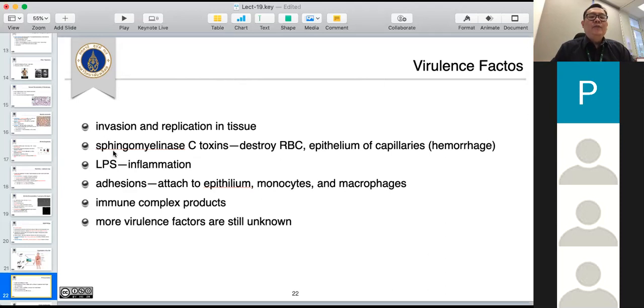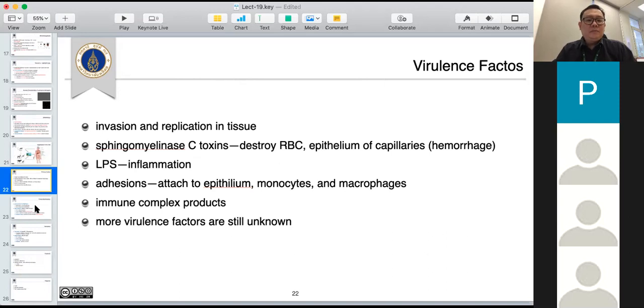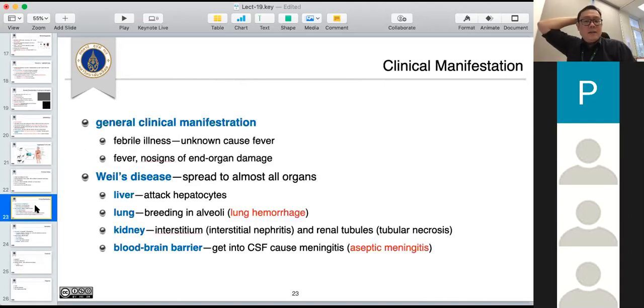They have sphingomyelinase C toxin that can digest sphingomyelin and destroy epithelium and red blood cells that contain a lot of sphingomyelin. In epithelium of capillaries, they make hemorrhage happen, okay? And there are still a lot more virulence factors that are unknown for this bacteria. The clinical manifestation of this bacteria, the general clinical picture, is classical.